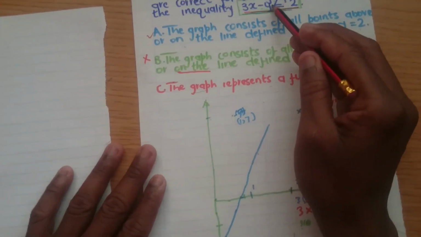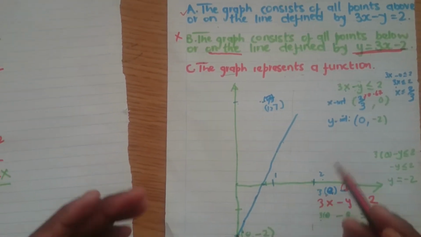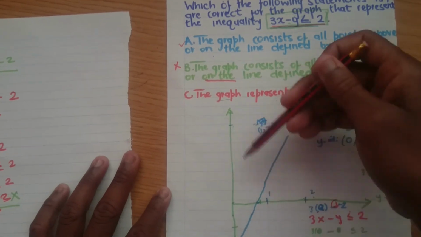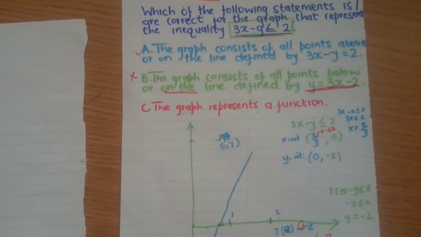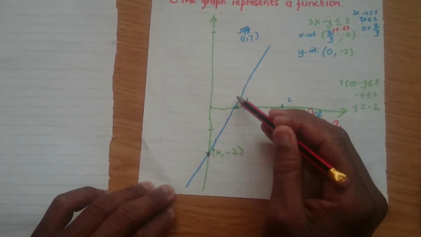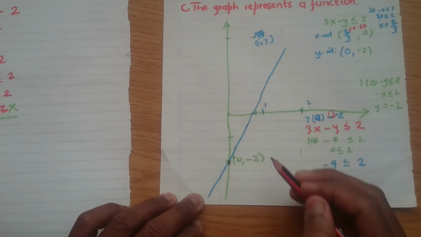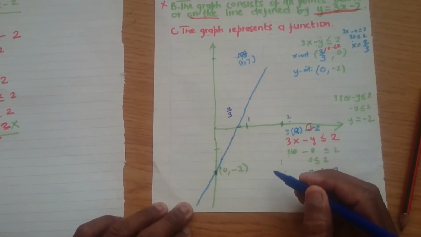When you say 3x minus y less than or equal to 2, we have seen it represents all the coordinates above the line. I mean, above the line here. All the coordinates above the line. So if I take the x-intercept here, let's say 3, 2 here. This is the x-intercept.